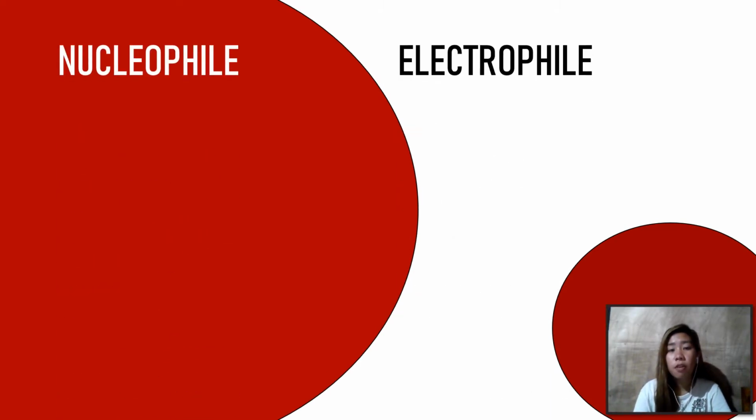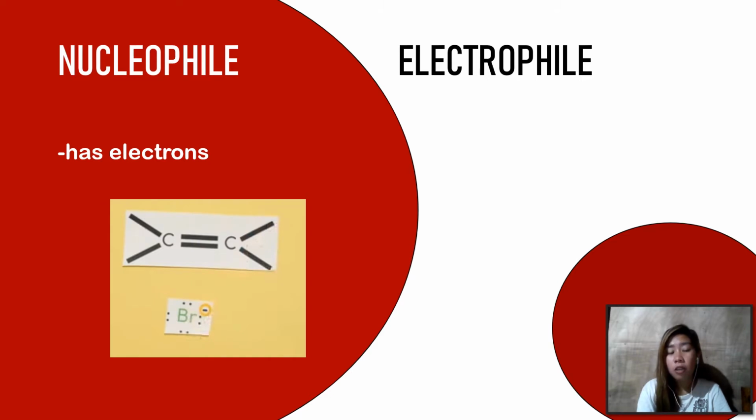Now, let's familiarize ourselves with the difference between a nucleophile and an electrophile. When we say nucleophile, these are atoms that have electrons and are negatively charged, meaning they are very much willing to donate an electron to another atom or to another compound.